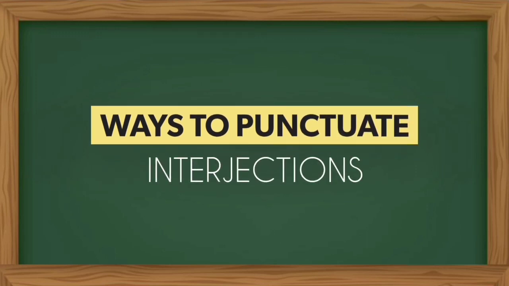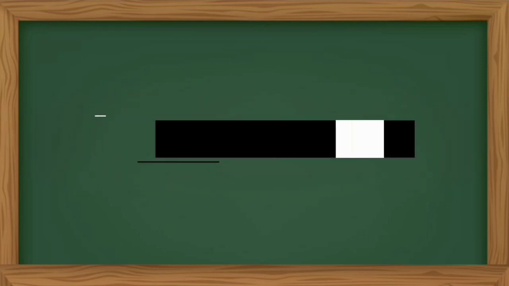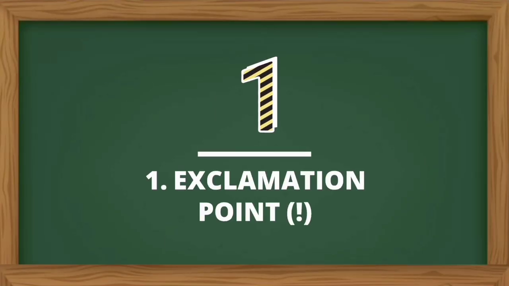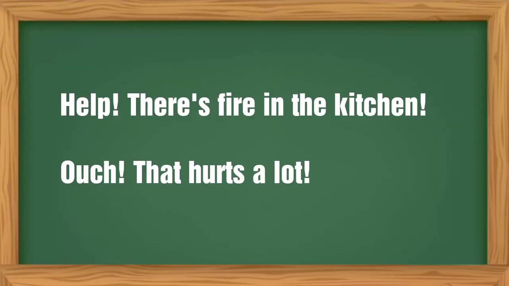Since interjections convey different kinds of emotions, there are also different ways to punctuate them. For expressing strong emotion, an interjection can be followed by an exclamation point. In these examples, an exclamation point is used at the end of the interjections to express a strong emotion or feeling.